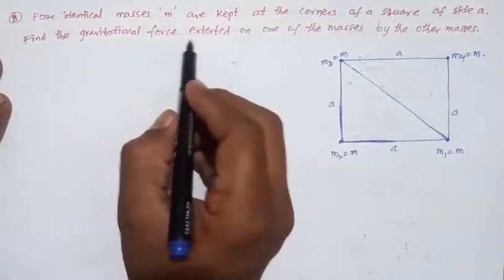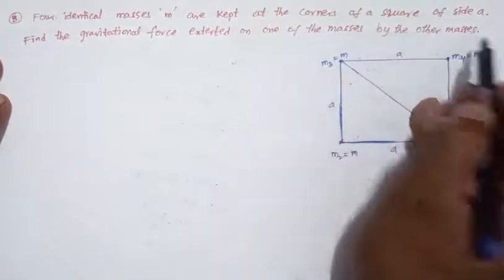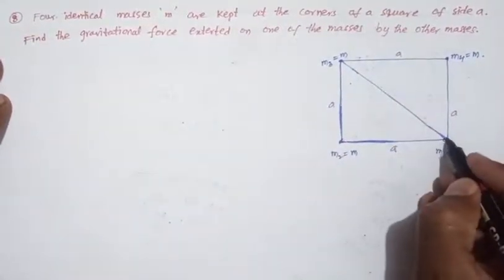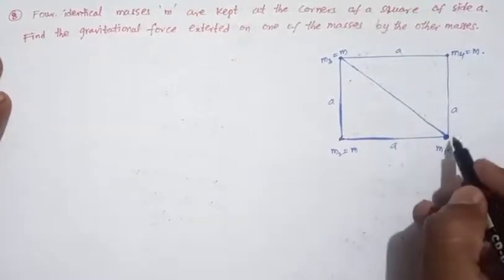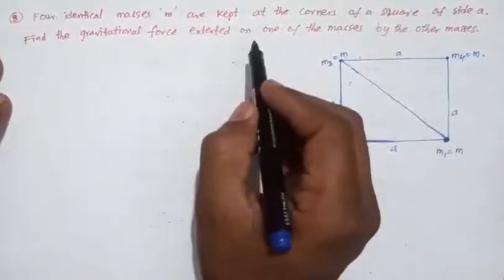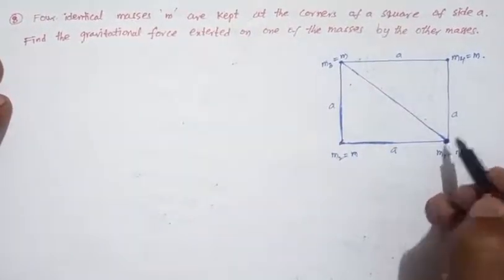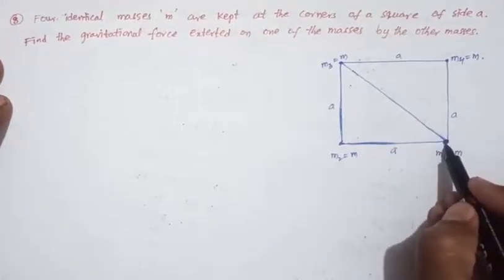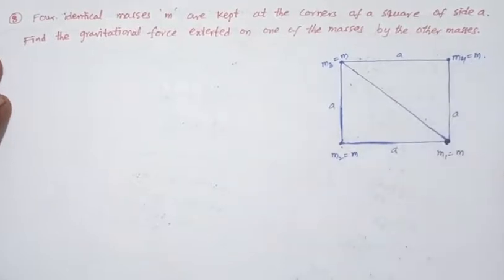Find the gravitational force exerted on one of the masses by the other masses. So we consider this is the M1 mass. The force is exerted on one mass, that is M1, by the other masses, which are nothing but M2, M3 and M4.